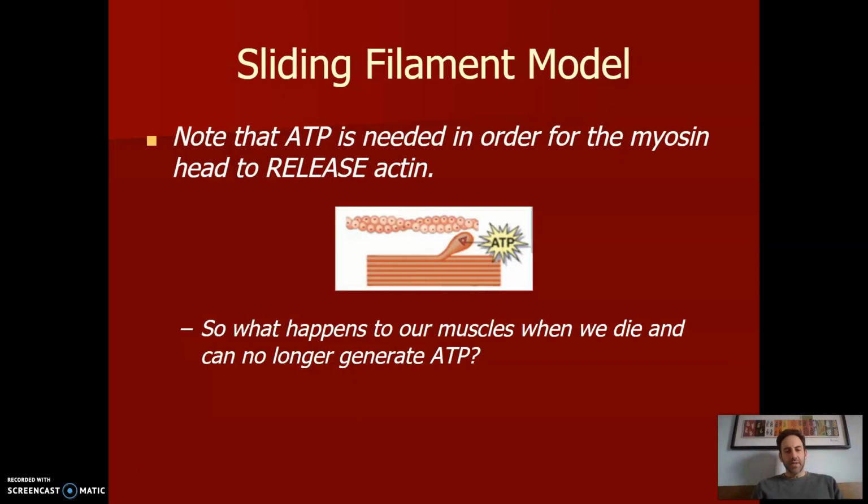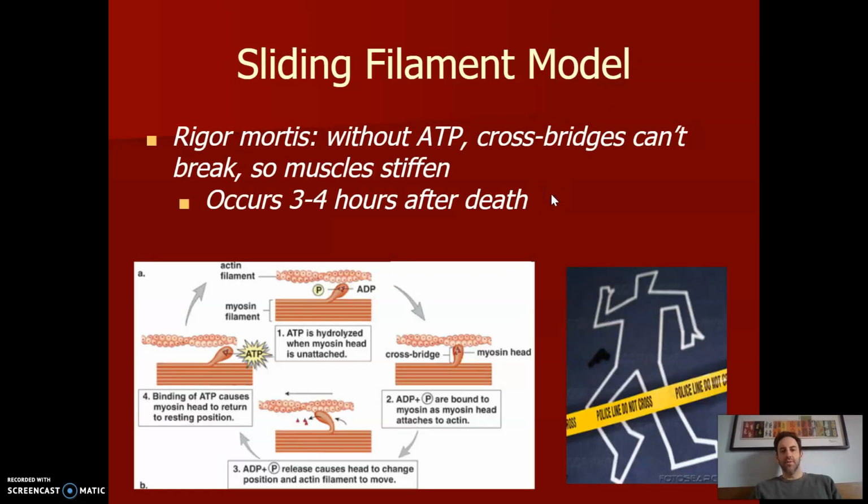So a couple of things about this. Note that ATP is needed in order for the myosin head to release actin, right? So the binding of ATP is what lets that head release. So what happens to our muscles when we die and can no longer generate that ATP? Perhaps you've heard of something called rigor mortis.